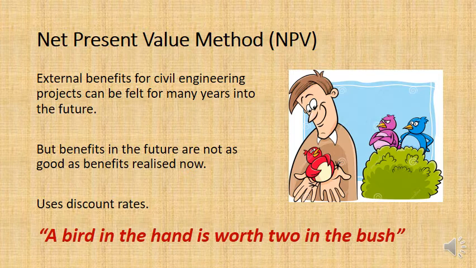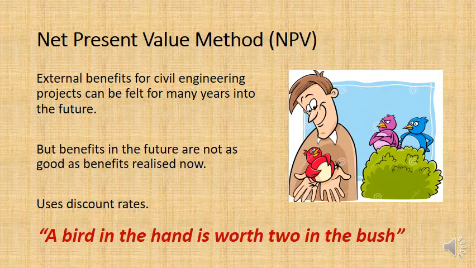I could leave the country. I may try and swindle my way out of the deal. And so a net present value method is a way of considering the value of a benefit that will be realized in the future and giving it a value for today.